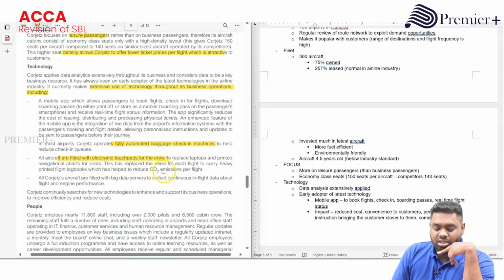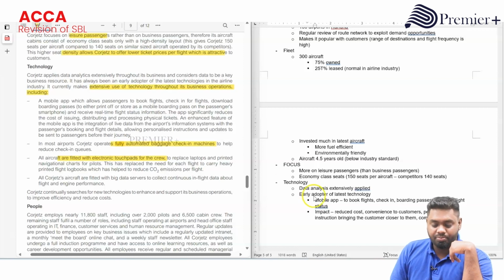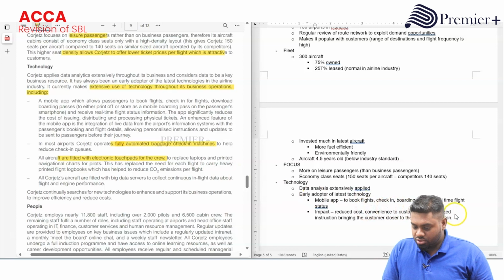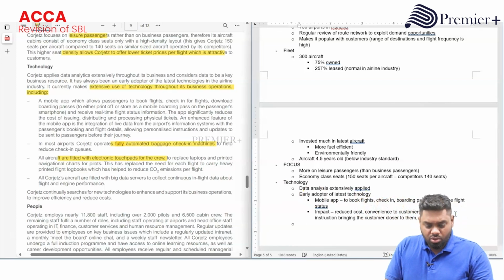This has reduced the need for each flight to carry heavy printed flight logbooks, which has helped to reduce CO2 emissions per flight. Okay, so on top of this, Cojet has adopted fully automated baggage check-in machines.